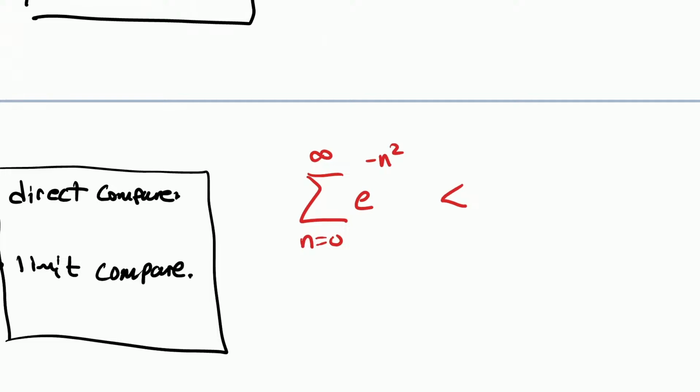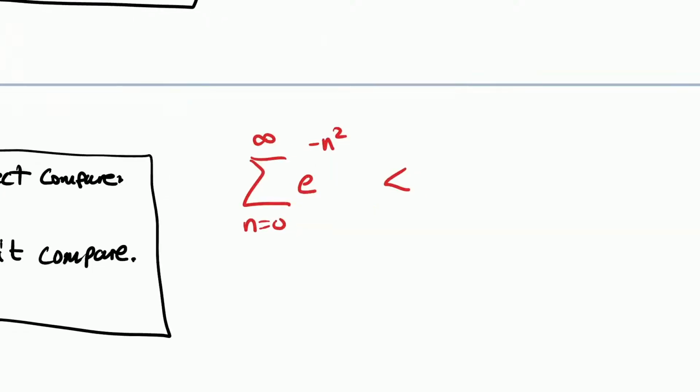And the reason why this works is because this is 1 over e to the n squared. Here, maybe I should write it like that. So this one is 1 over e to the n squared, and that's going to be less than this 1 over e to the n.